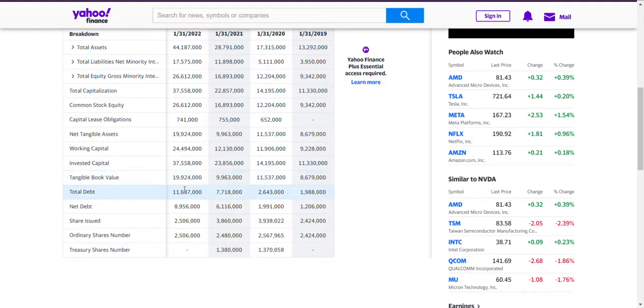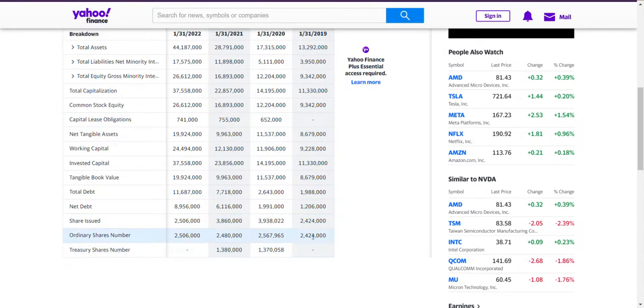Total debt is 11 billion. It's gone up quite a bit, especially in the last year. It almost doubled last year, and it tripled from 2020 to 2021. Shares issued is when they sell shares to raise funds.